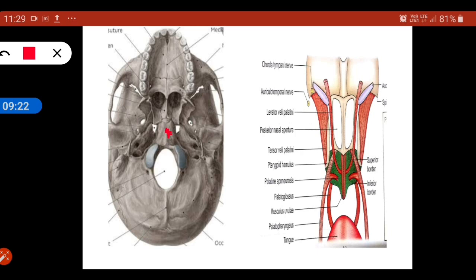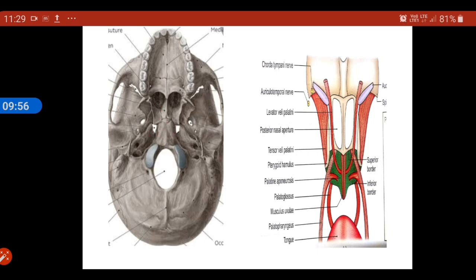We have studied in the pharynx class that in between the attachment of the superior constrictor and the base of the skull, there will exist a space that is called the sinus of Morgagni. We studied that in the sinus of Morgagni, one content was the auditory tube and the other content was the levator veli palatini muscle. So this muscle, after arising, passes through the sinus of Morgagni and attaches to the upper aspect of the palatine aponeurosis.